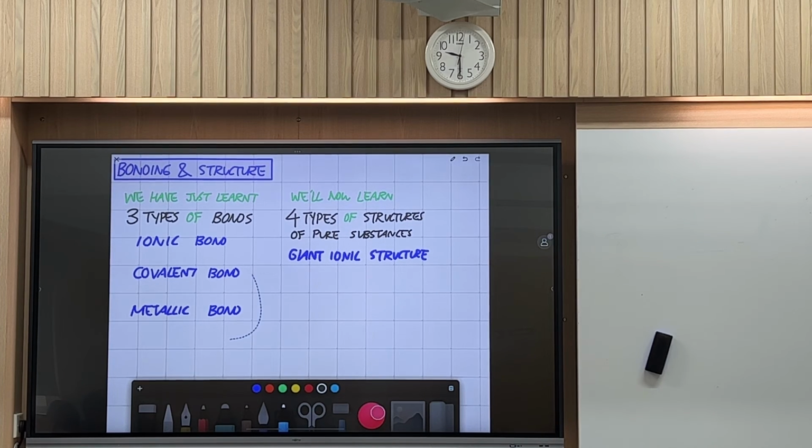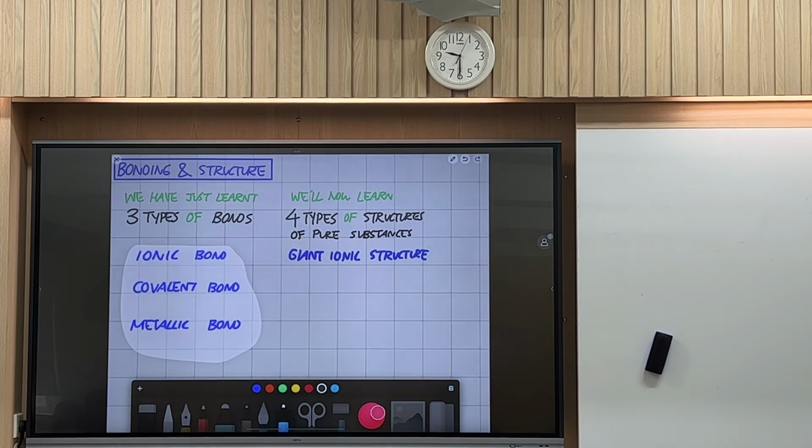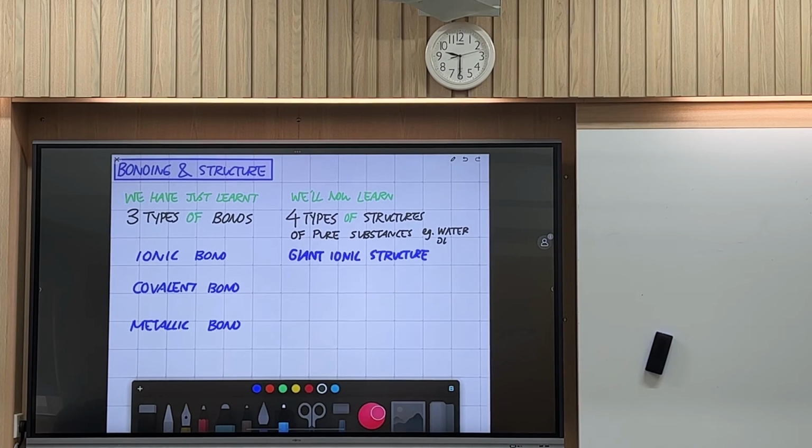So that's a good question. Structure of what? The structure of pure substances, e.g., water, e.g., diamond. As long as you have a pure substance, you can classify it into one of these 4 categories. We have giant ionic structure, simple covalent substance, giant covalent structure, and finally giant metallic structure.